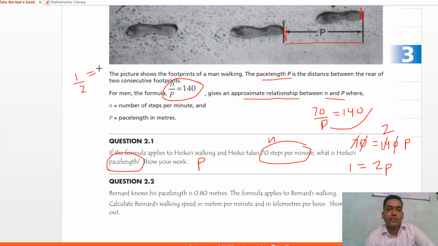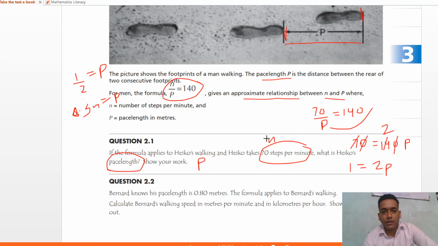So the pace length p is in this case 1 by 2, that is 0.5. You can divide it and get 0.5. It is in meters. So p is 0.5 meters, right? Or 1 by 2 meter, that is also correct. Understood?